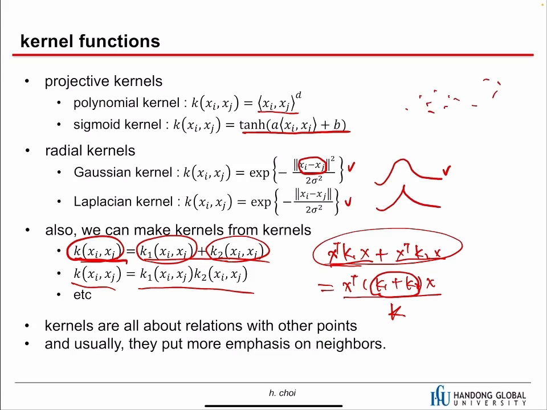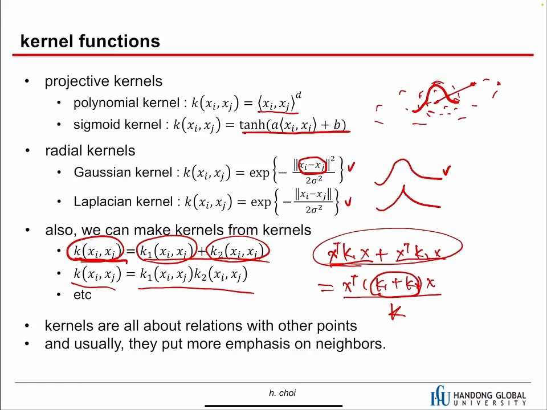Think about this one. Data points are like this. Then the kernel looks like this in two-dimensional space. Then this point will have some impact on these points. But look at this point. The impact of this point on this point is almost zero, as much as this one.